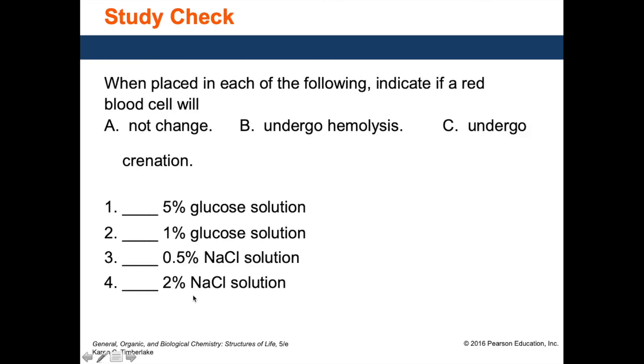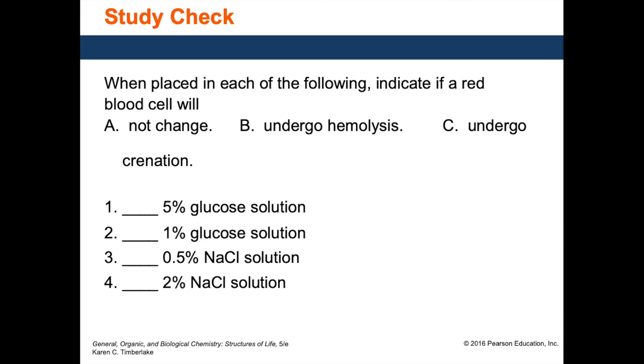Okay, let's have a similar problem here. Now here again we have solutions, and you want to ask yourself, are these iso, hyper, or hypotonic? And then accordingly ask yourself, would a red blood cell placed in this solution not change, undergo hemolysis, undergo crenation? Okay, and you remember that each of these conditions is tied to the concentration of your solution.